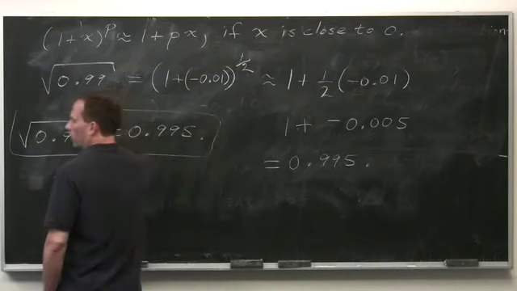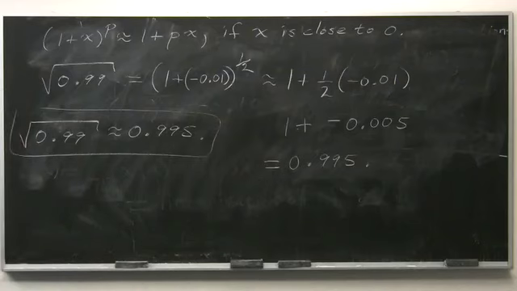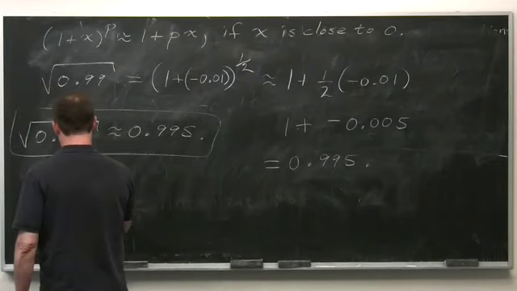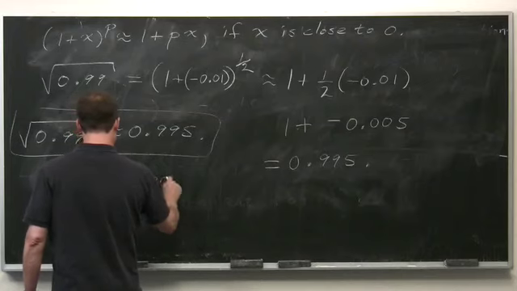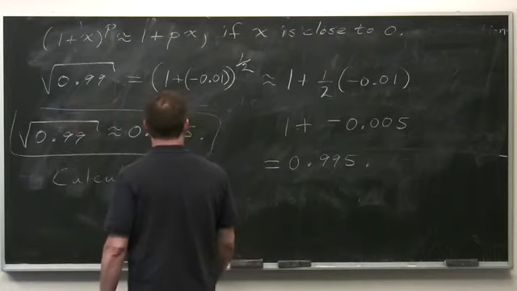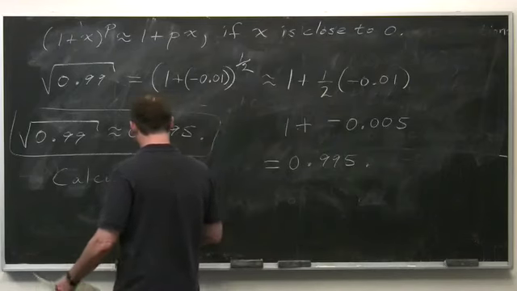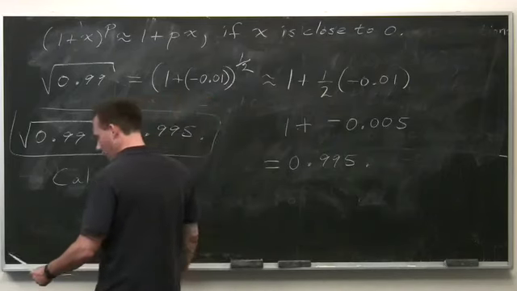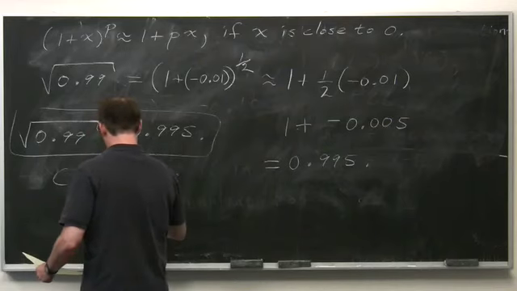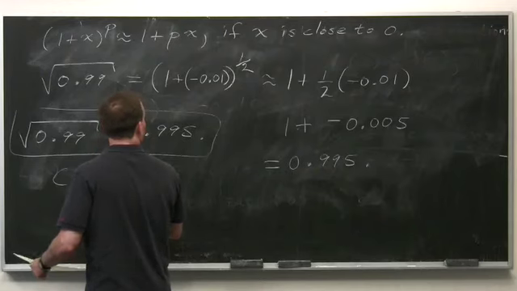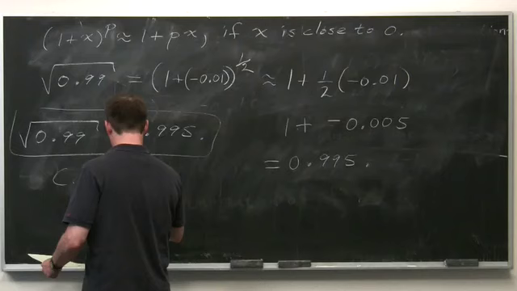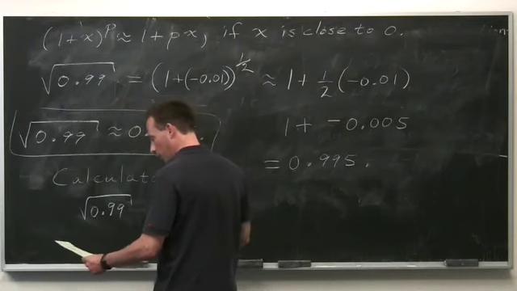What does a calculator give us? According to my calculator, which is still an approximation, it's just accurate to a lot of places. I hope I didn't write equals a minute ago, because that was an approximation too.